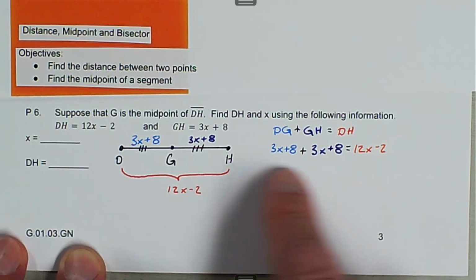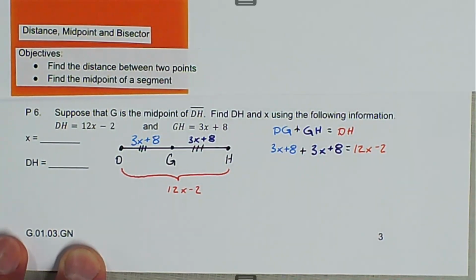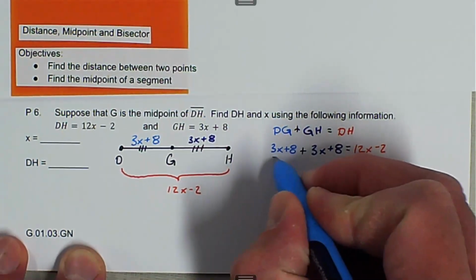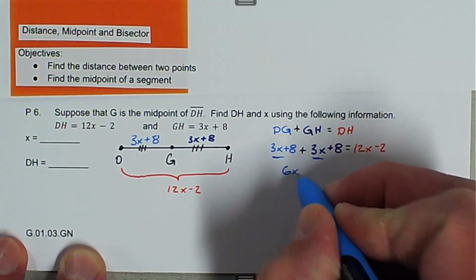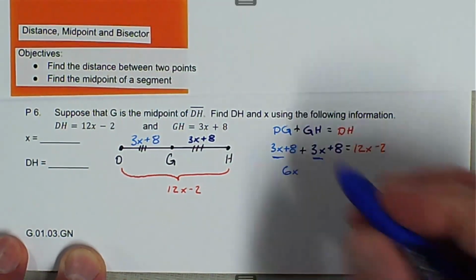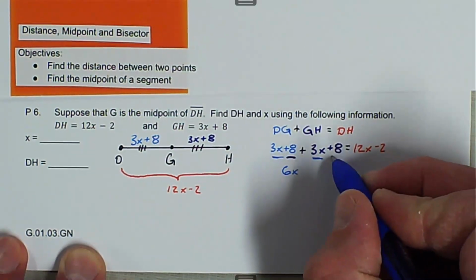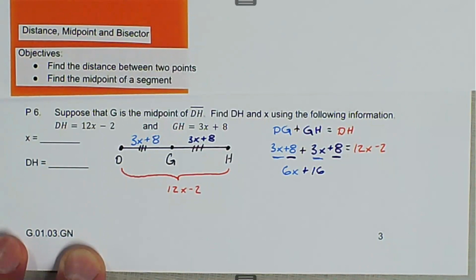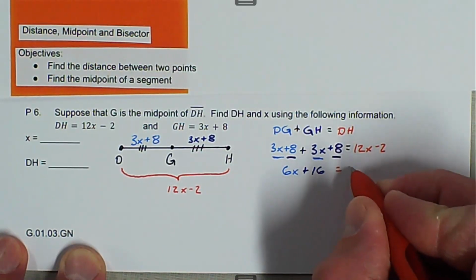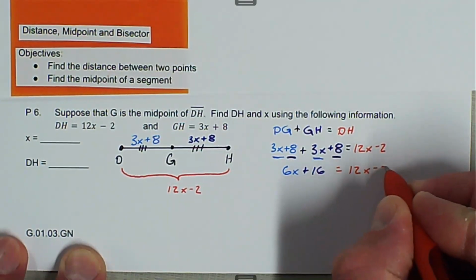So on the left side, we want to get our like terms together. So we have a 3x and a 3x. We add those together, and we get 6x. And we have a positive 8 and a positive 8. That becomes 16. And that is still equal to 12x minus 2.